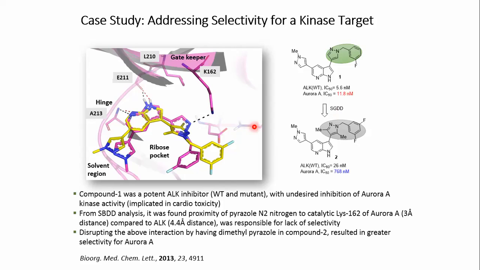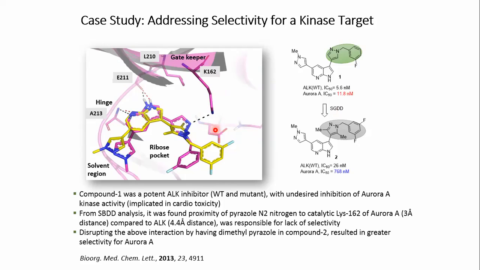At the site of interactions, we can see the second nitrogen of the compound 1 interacts with Aurora A protein amino acid residues. Here is the neighboring lysine 162 in a shorter distance as compared to ALK, which is not shown here.